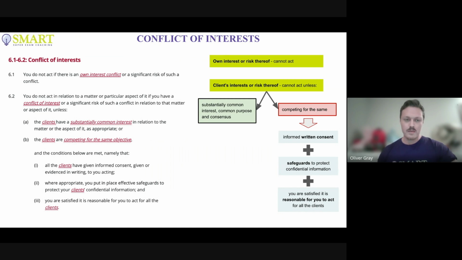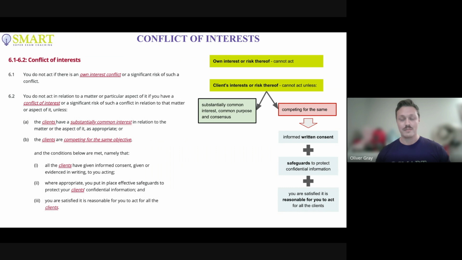So we'll see an example of this today, where we're going to go through a scenario. But normally, and in our scenario, it would be relatively clear if there's a conflict of interest. If there is a competing interest, you can say that there's likely to be a conflict. If you have, for example, two parties in litigation, obviously there's going to be a conflict. They don't want the same thing. They're competing against one another.